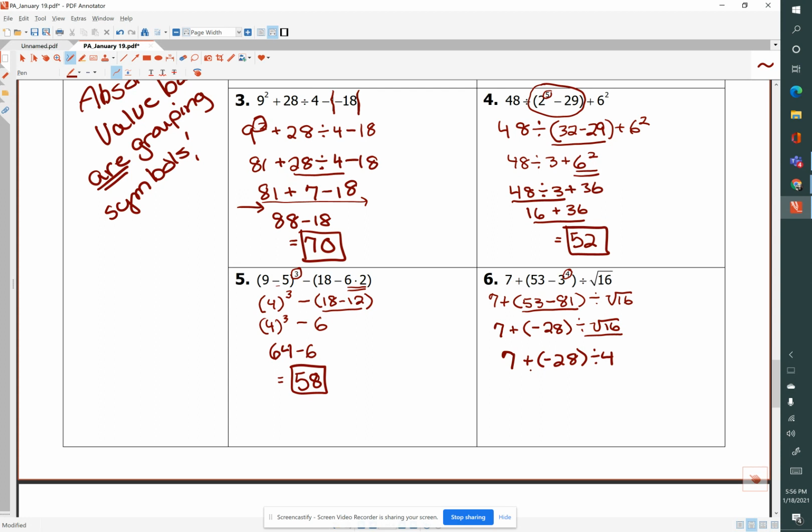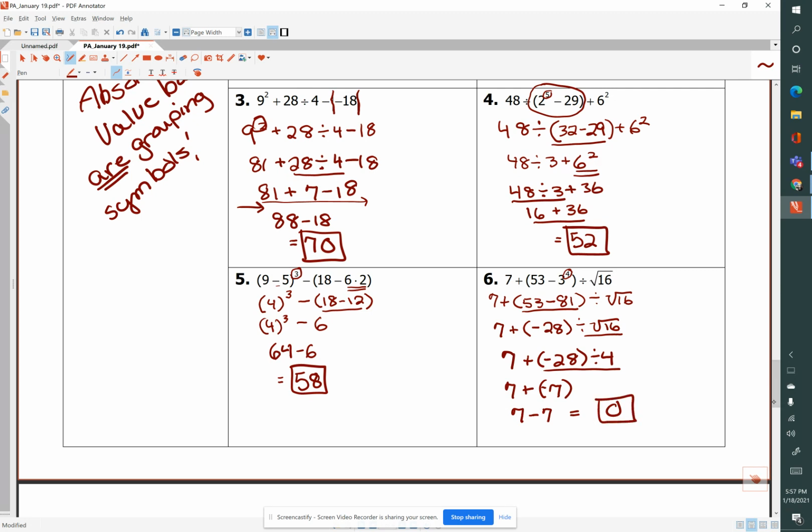Now, we have to do the division. Negative 28 divided by a positive 4 is 7 plus negative 7. Negative 28 divided by positive 4 is negative 7. And now we have 7 minus 7, which equals 0.